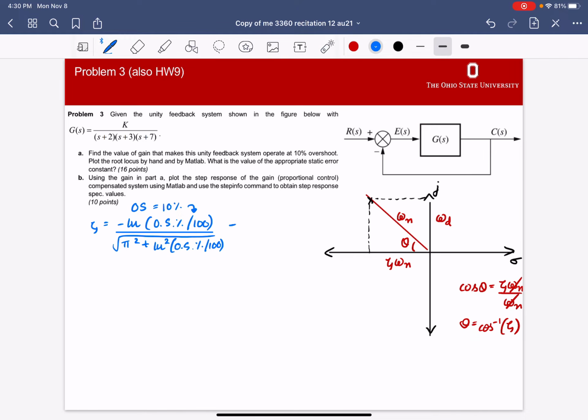So for our particular problem right now, the damping ratio turns out to be around 0.5912. And if you were to plug that in to find theta, you have theta as approximately 53.76 degrees.